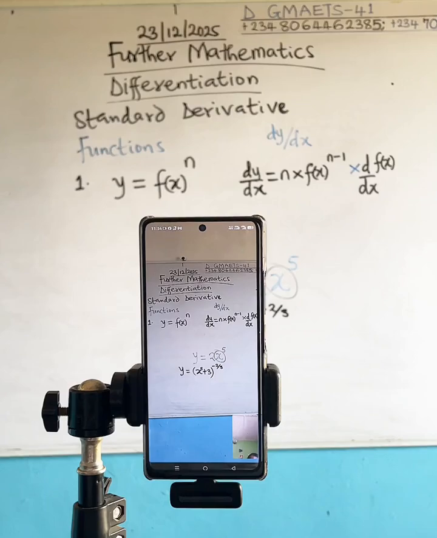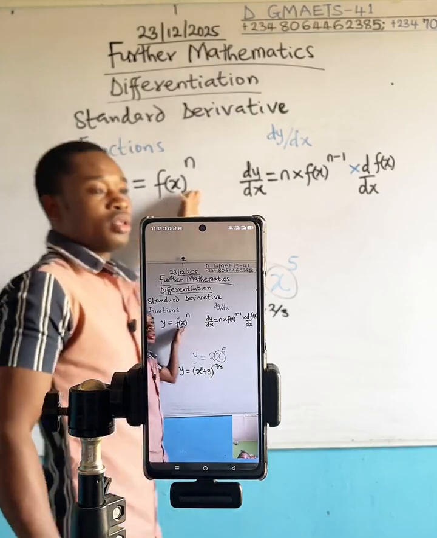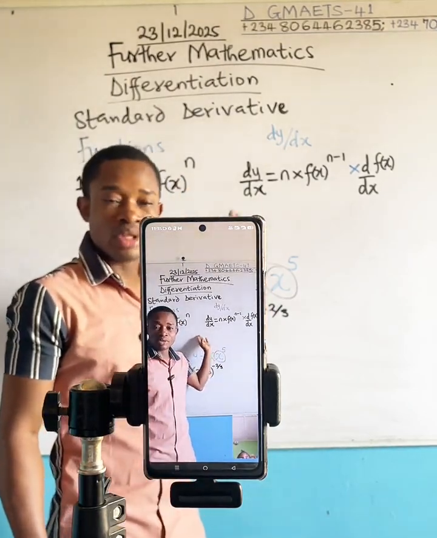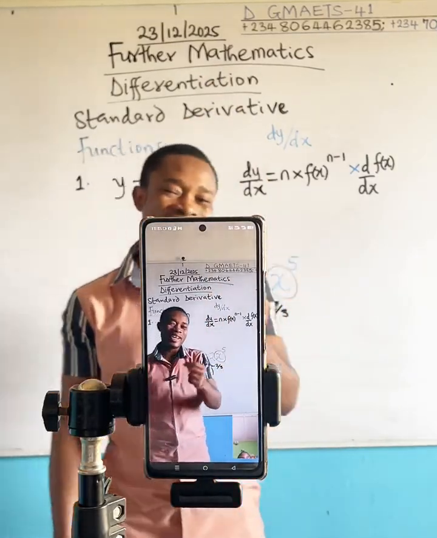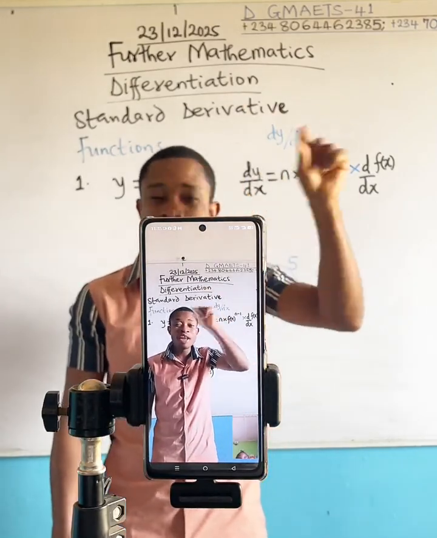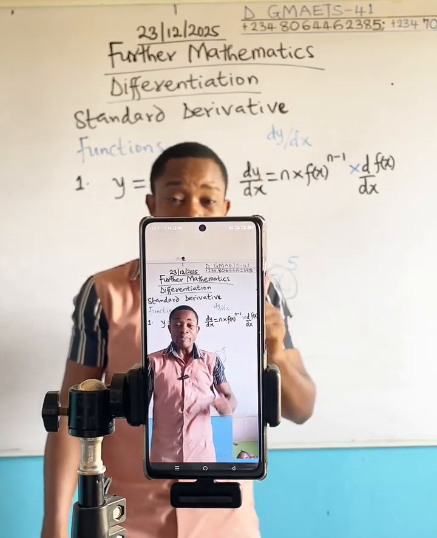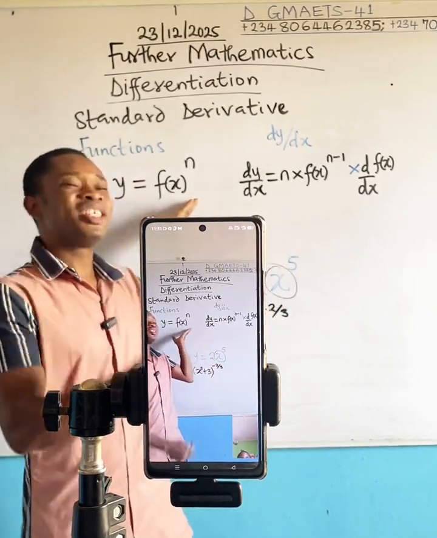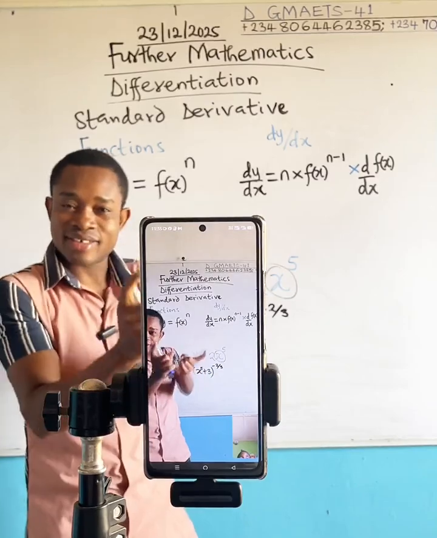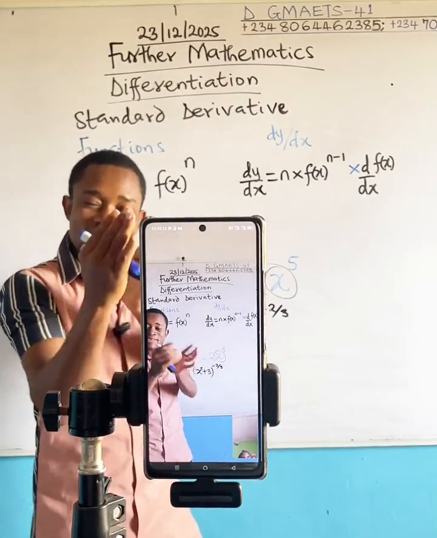This function, sometimes we can call it polynomial function, although it is not actually polynomial only. But the whole idea of polynomial is that you have a base which is a variable, and then you have numbers as power. The only thing is that in polynomial, the powers are only positive whole numbers. But in differentiation, although this function is polynomial-like, it's polynomial related.